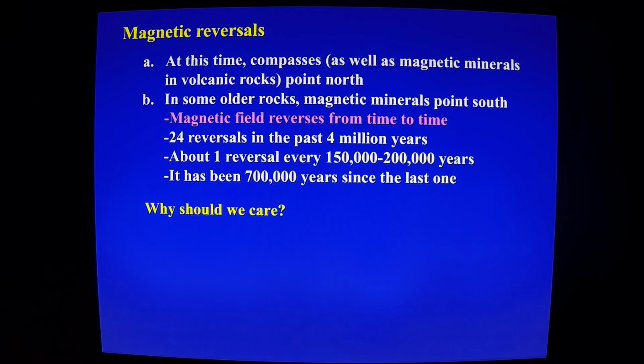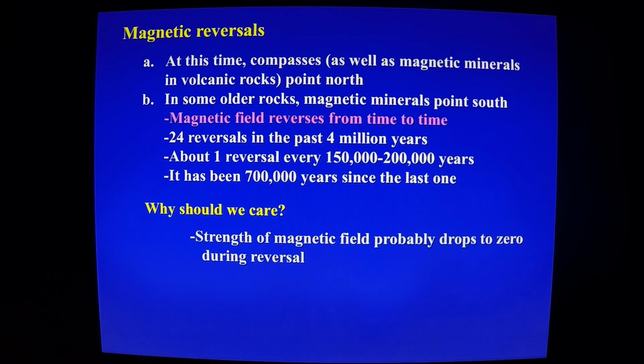Why should you care? Well, a couple of reasons why this might be important. When we look at magnets in a lab, we can switch their polarity pretty easily. We do this all the time. What happens when you switch the polarity of a magnet is that the magnetic field for a brief period of time drops to zero while these poles are reversing.